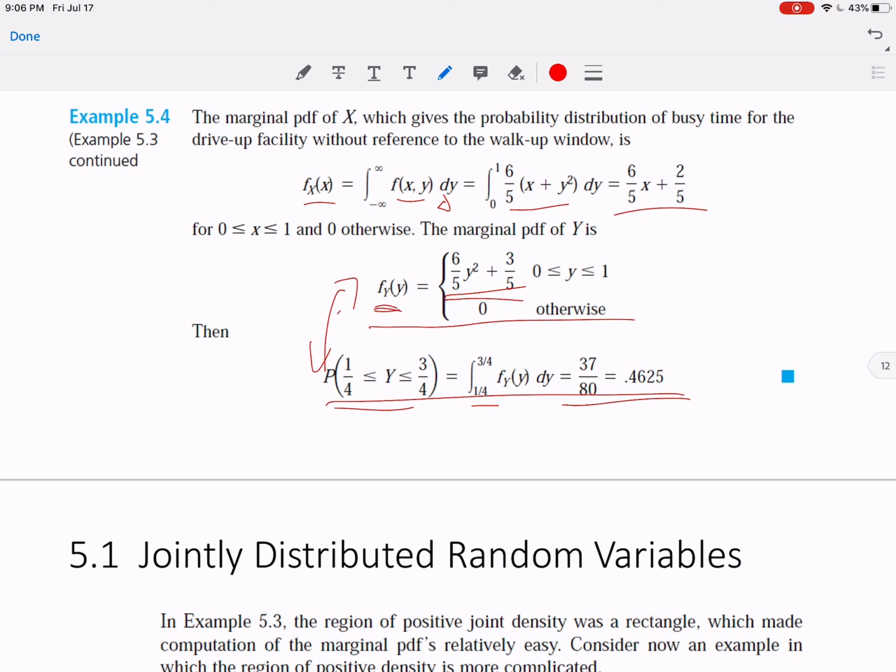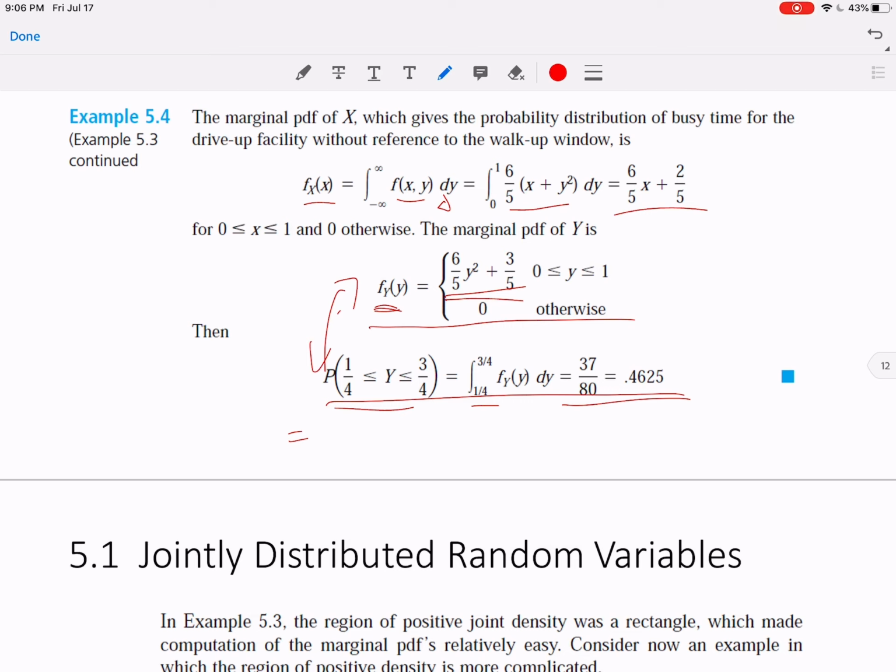And there is another way. This is slightly different, it kind of skips steps. As we mentioned before, if we want to find the probability that y is greater than or equal to 1/4 and less than or equal to 3/4, we don't have to worry about x, right? X could be any number.